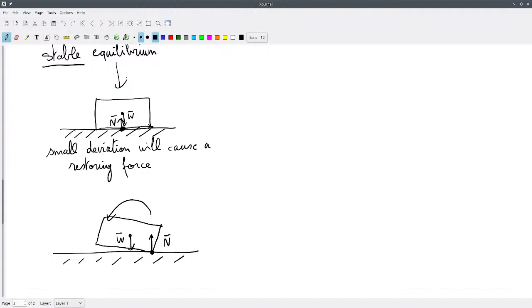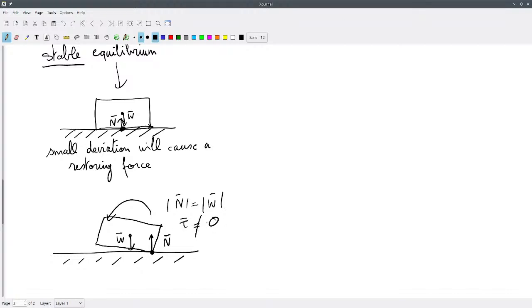So first of all, if this was an equilibrium, which it isn't, then we would require that the normal force and the weight have the same magnitude and the torque is 0. But in this case, of course, the torque is not equal to 0.